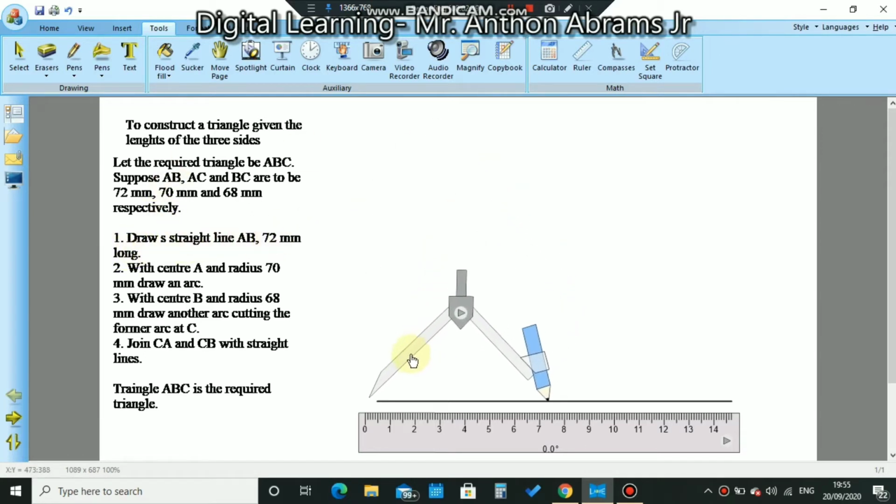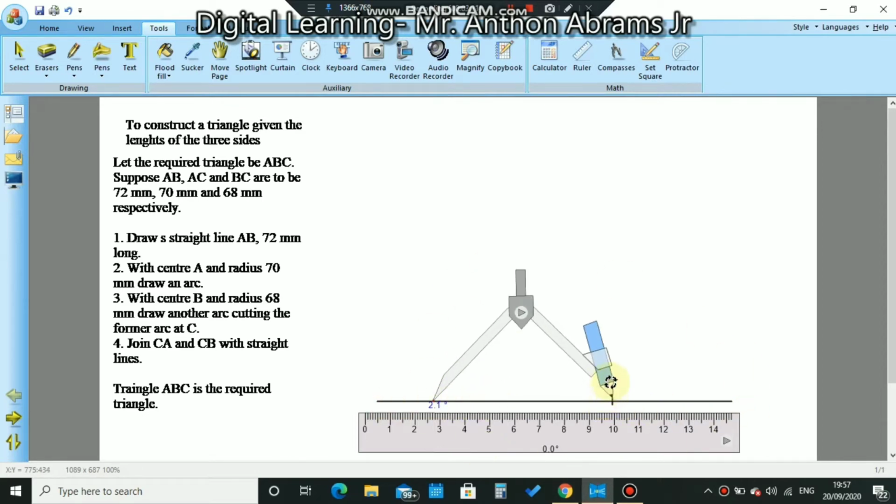So you place the compass on the ruler, it's at 72 mm already. We transfer that measurement to our base. We take the measurement, 72 mm, and place it on our line.